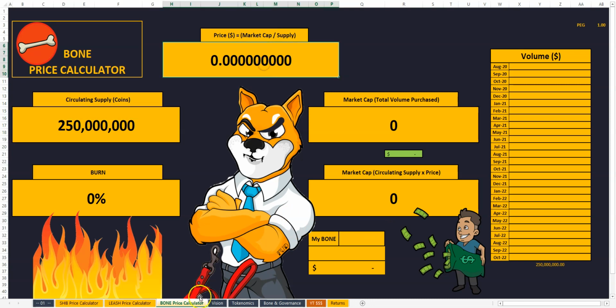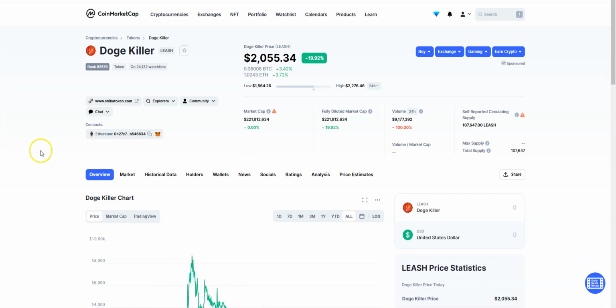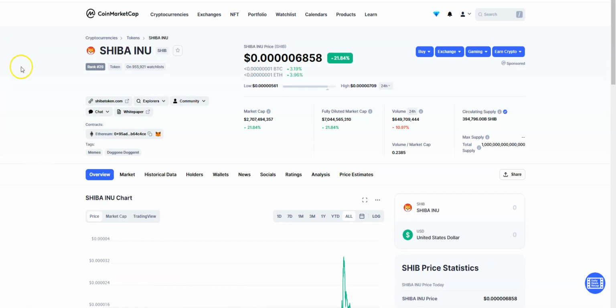Because if you think about it, Shiba Inu at the moment, guys, is exactly, where are we? Currently ranked 29th out of 10,000 cryptocurrencies on CoinMarketCap. We're ranked 29th in terms of market cap. There are close to 1 million people watching it.